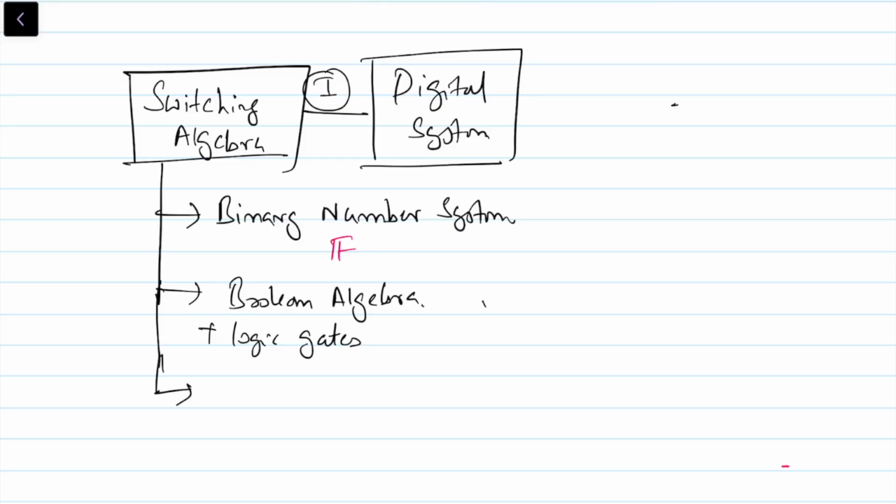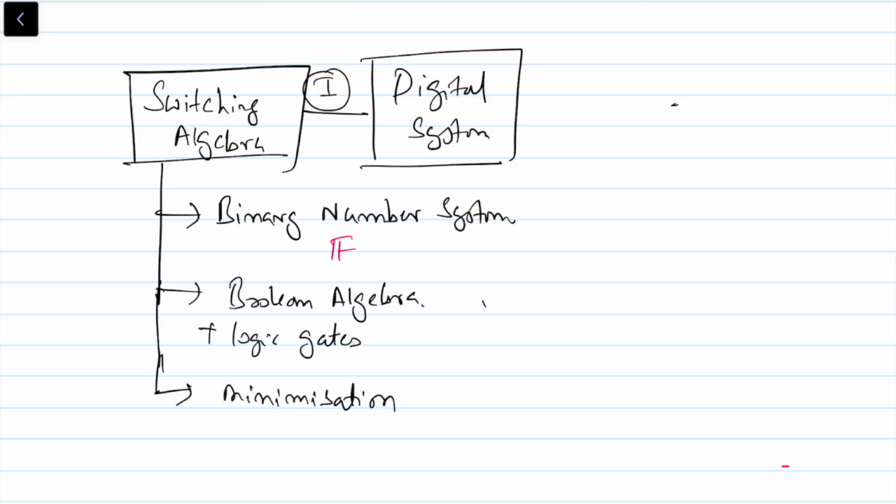Finally, we'll wrap up this part of the subject with minimization of Boolean functions. The main objective of minimization is sort of optimization. What are you optimizing? Optimizing a Boolean function is optimizing a circuit that represents the Boolean function.